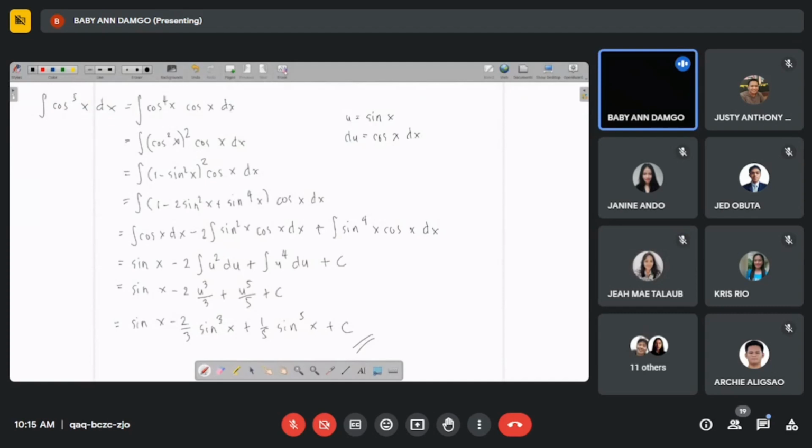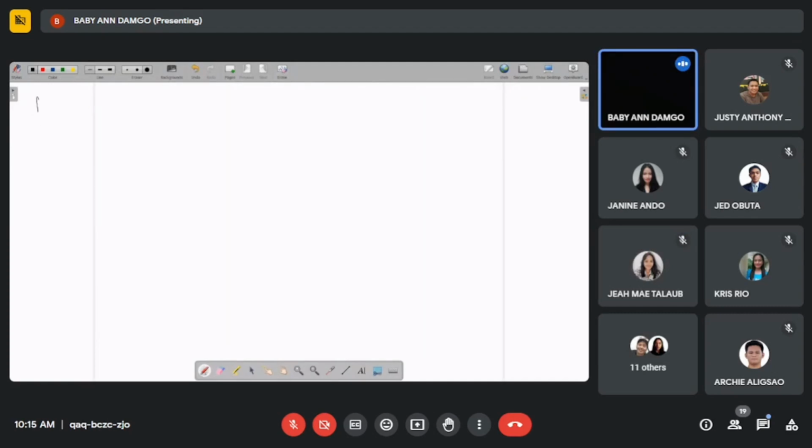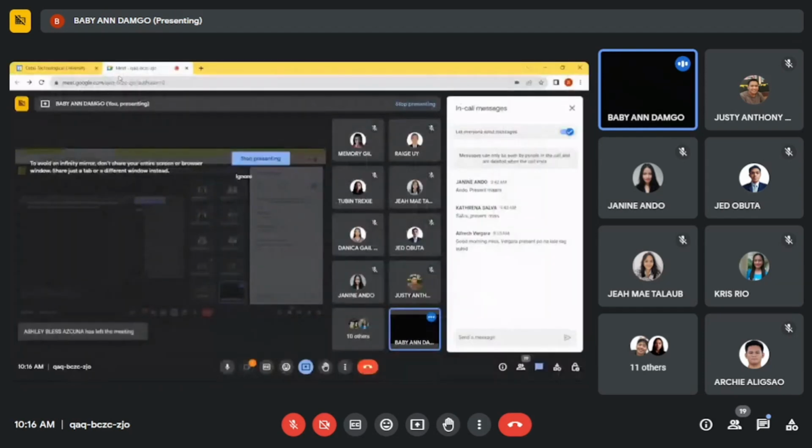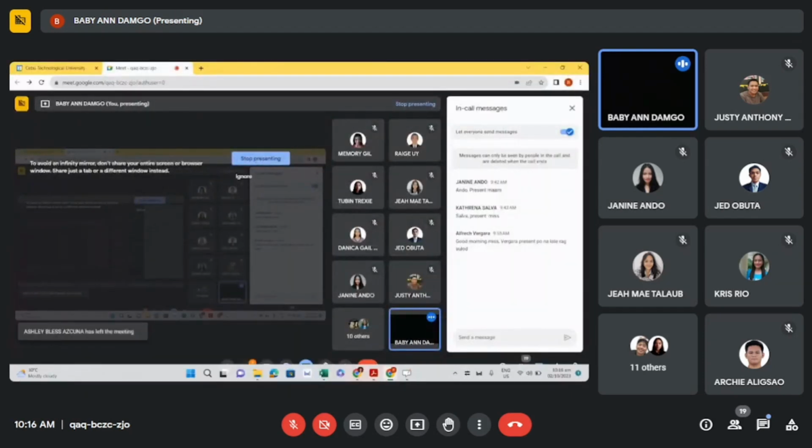So, we have here integration of cosine to the 7x dx. Okay, so I will give you 10 minutes to solve this. So time check, it's 10:16.